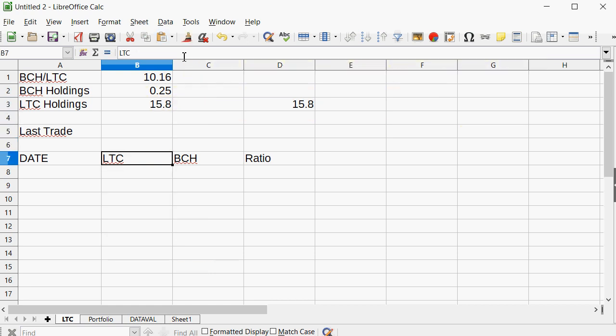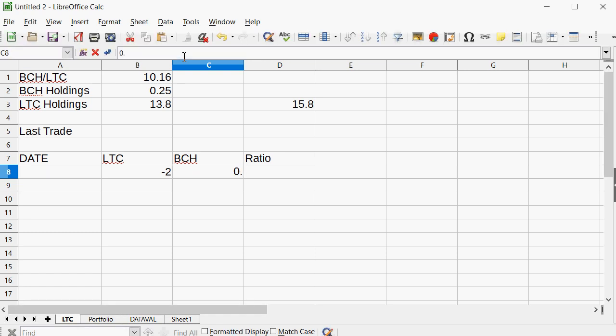So in a situation where, let's just assume that you trade some coins in here. Yeah, I'm going to trade 2 Litecoin. And maybe the ratio goes down to like 8. So that would be 0.25.